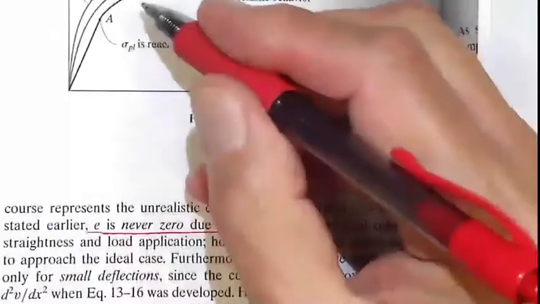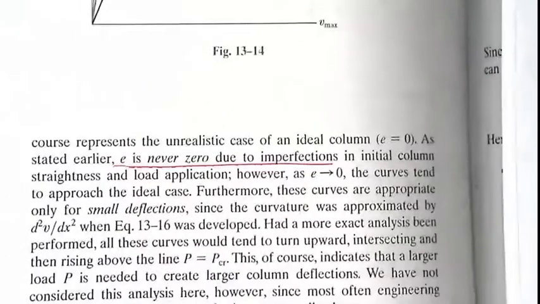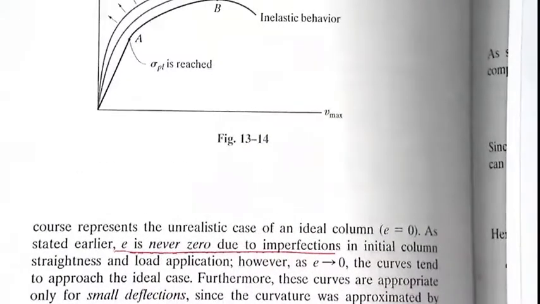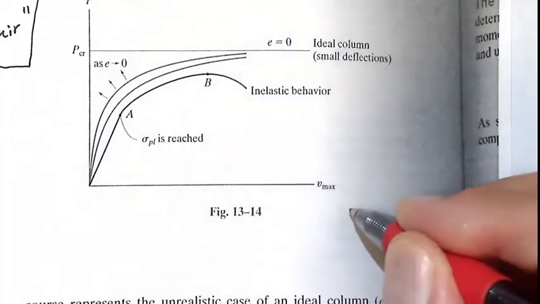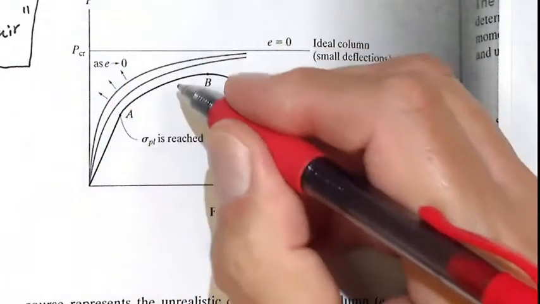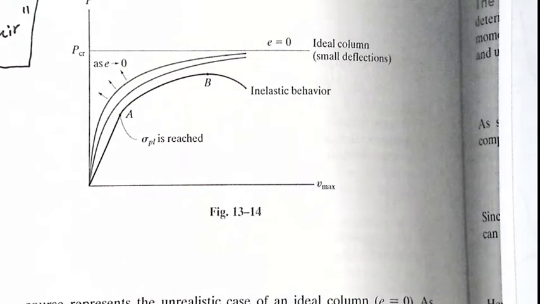Okay, the second thing is that this relationship is non-linear. Non-linear relationship between load and deflection. That is, this load and deflection, P and V maximum. Pay attention, look please.